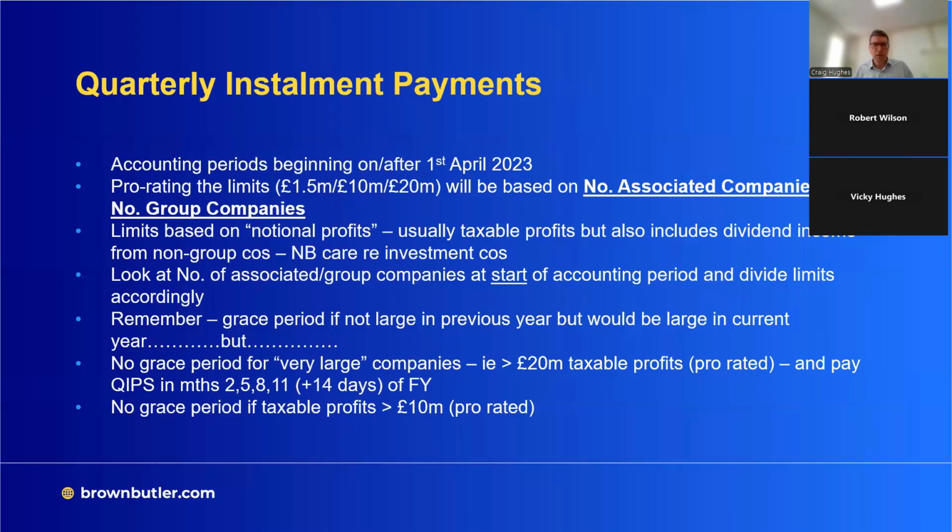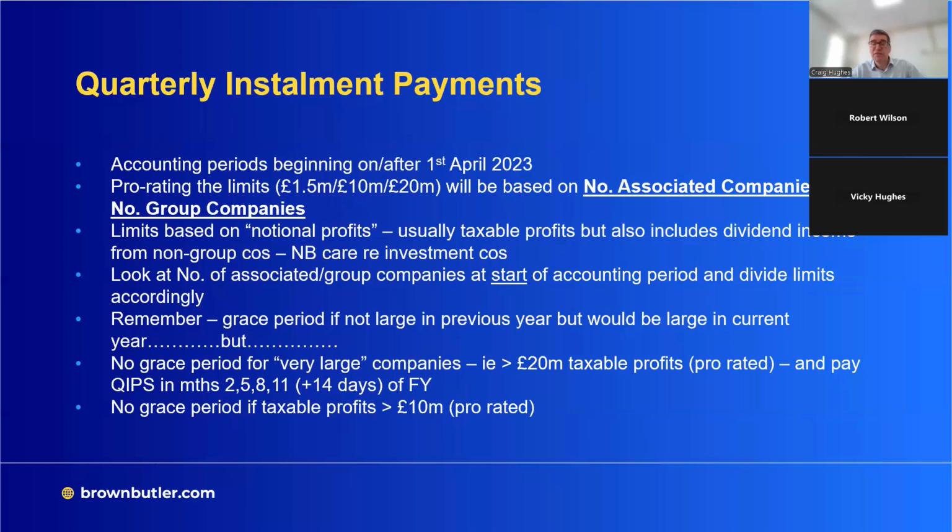Now, those 1.5, 10, and 20 million pound figures, normally you would just take those to be the taxable profits of the company. But it does also include dividends from non-group companies. So this can be relevant where you have investment companies that maybe have minority stakes in other companies.